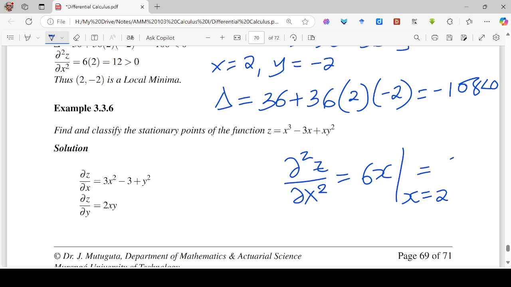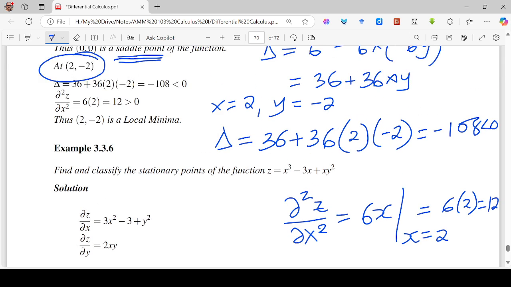So this will be 6 times 2, which is 12. 12 is greater than 0, meaning that the point is a local minima. So basically, this is how we find the stationary points for functions of two variables.